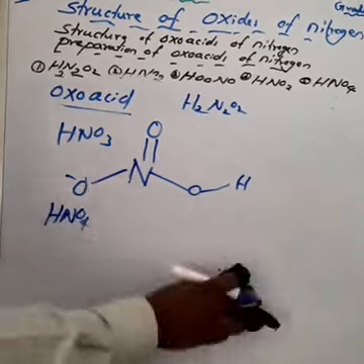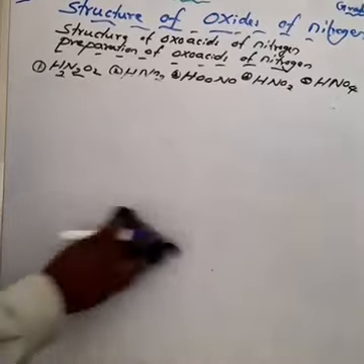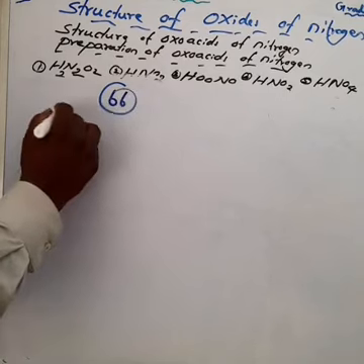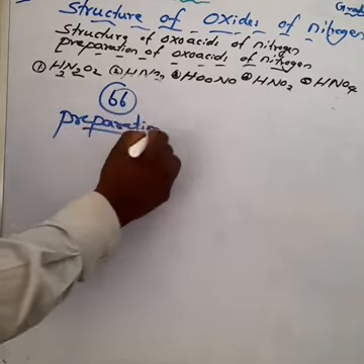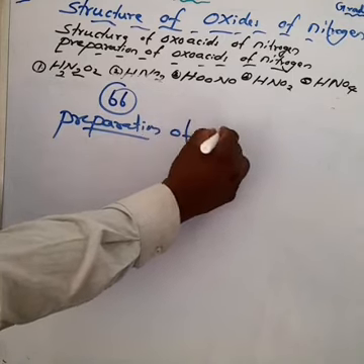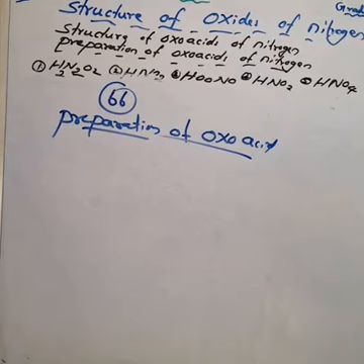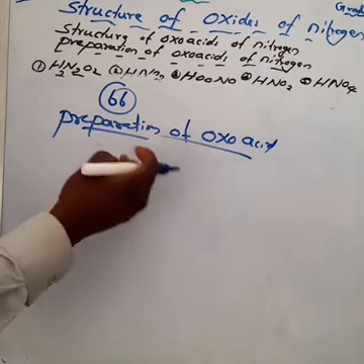Today's assignment, page number 66, preparation of oxoacids of nitrogen. I think there are 5 preparations, 1, 2, 3, 4, 5: hyponitrous acid, nitrous acid, pernitrous acid, nitric acid and pernitric acid. Okay, those are oxoacids. Oxo means, don't forget that, oxoacid.